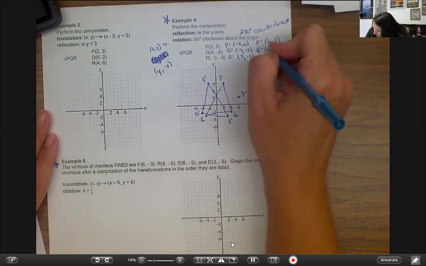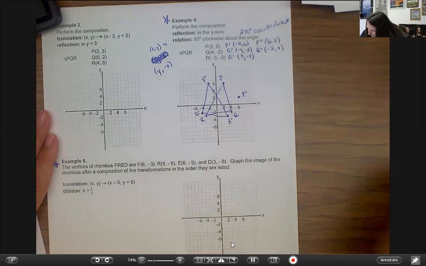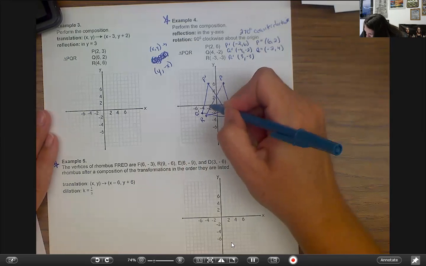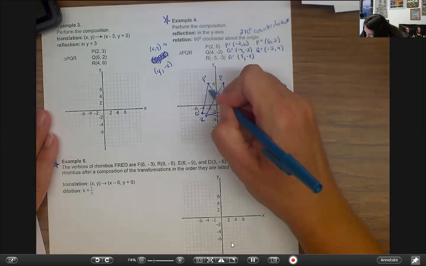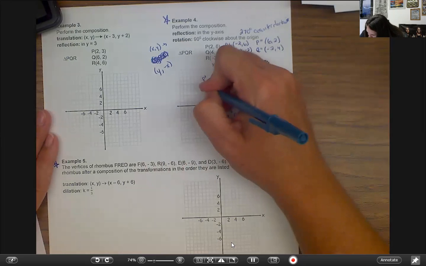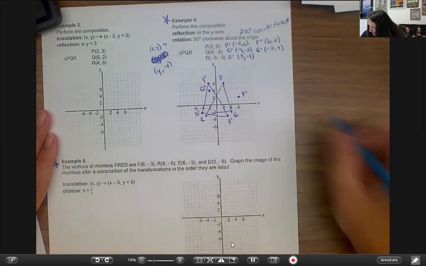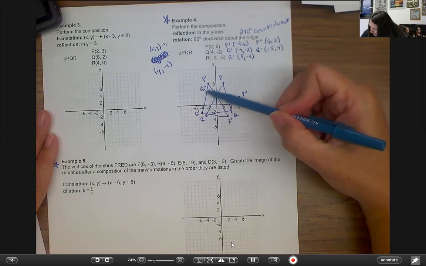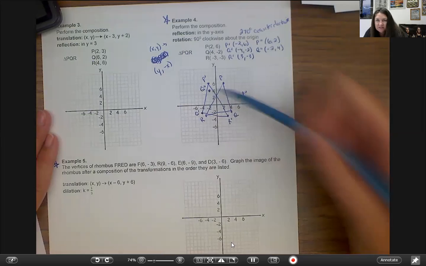So -2, +4. So -2, +4, we'll move it to this location. So there's Q double prime. And yes, I moved 1 quadrant clockwise.